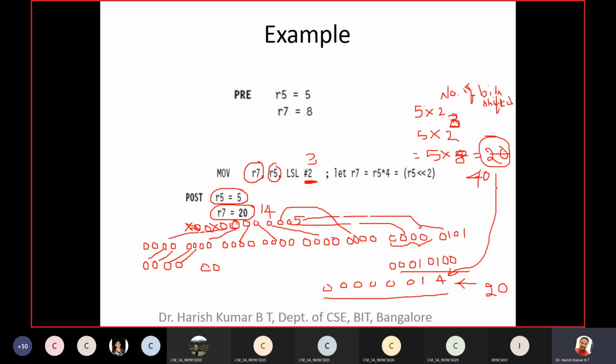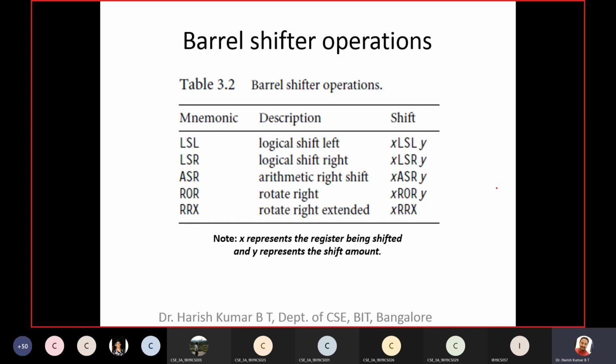So with this, we'll come to barrel shifter operations. What are the operations that you can do? So these are all the things that you can do. Logical shift left, it's called logical shift left. And how do you do that? Something like this.